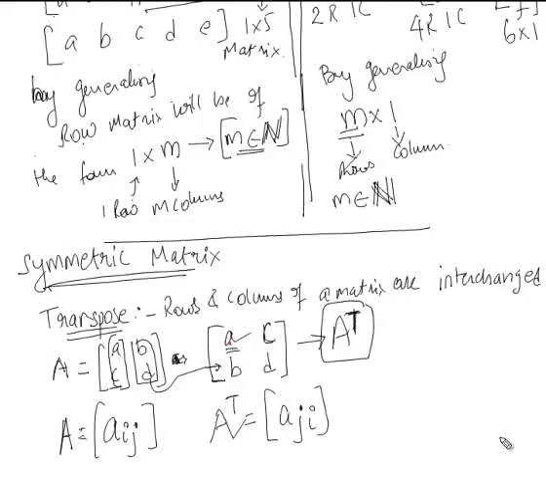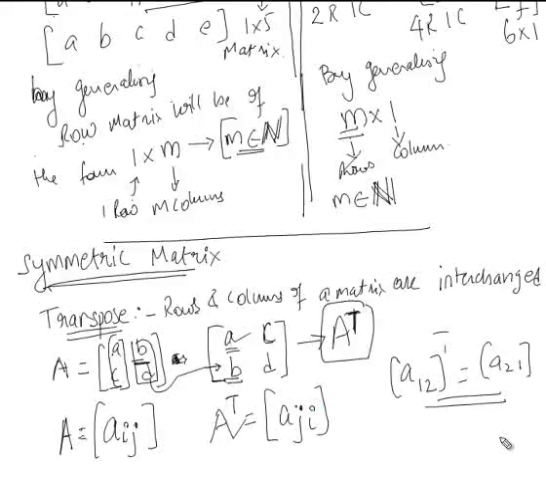The first row, second column entry became the second row, first column entry. Correct? That is, first row, second column, A12, upon taking transpose became A21, correct? This is what a transpose operation is. So A transpose means Aij will become Aji. All the entries are swapped. The rows and columns are interchanged like this.